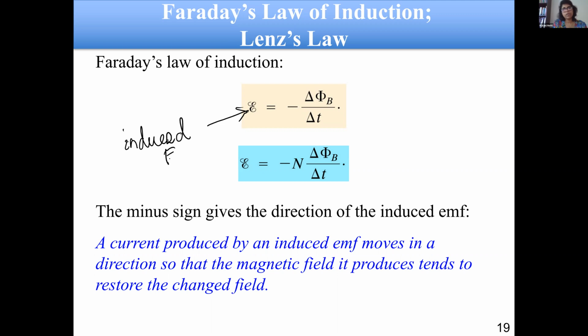Right now, you can think of EMF as a voltage. Okay, induced voltage. Let's use induced voltage instead of EMF. It creates a voltage because of the flux change, and we call it the induced voltage. So this is the rate of change of flux.